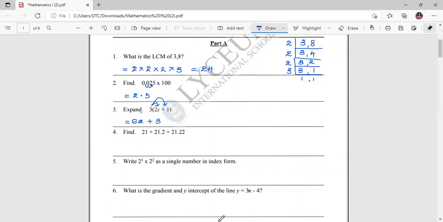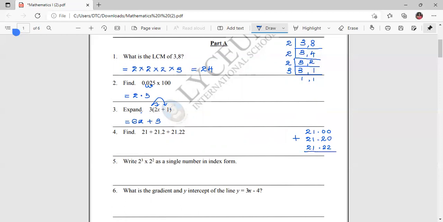When arranging this in the vertical way, it is very important to think about the place value. So this is 21, then the other one is 21.2, then the other one is 21.22. See, children, how I wrote the place values. If I have any spaces, I write zeros, then it's easier for me to add all 3 together.